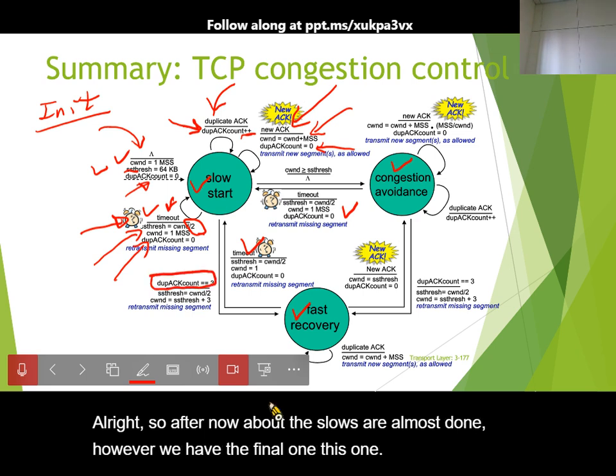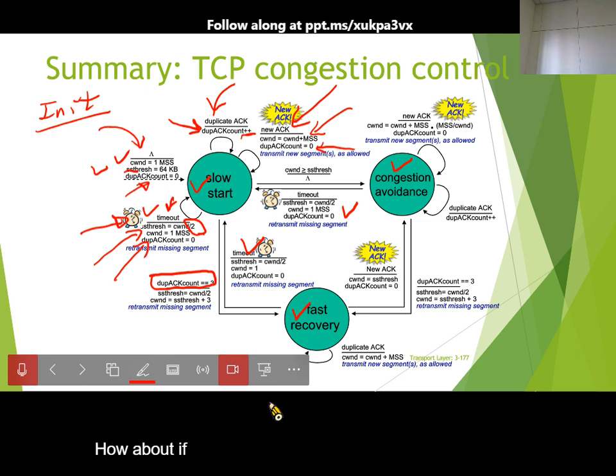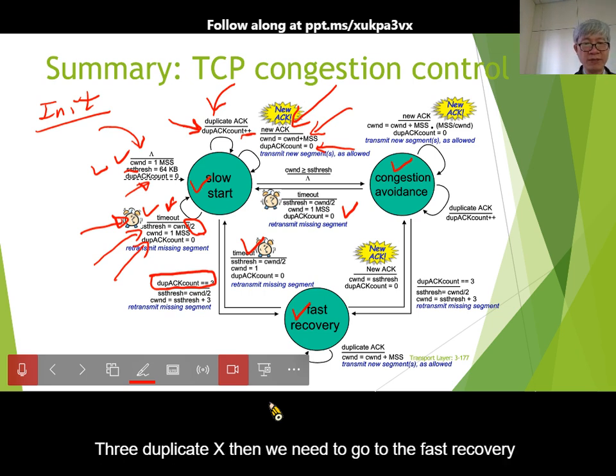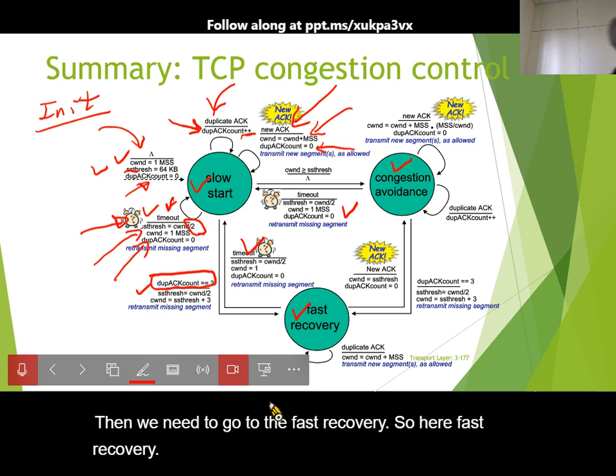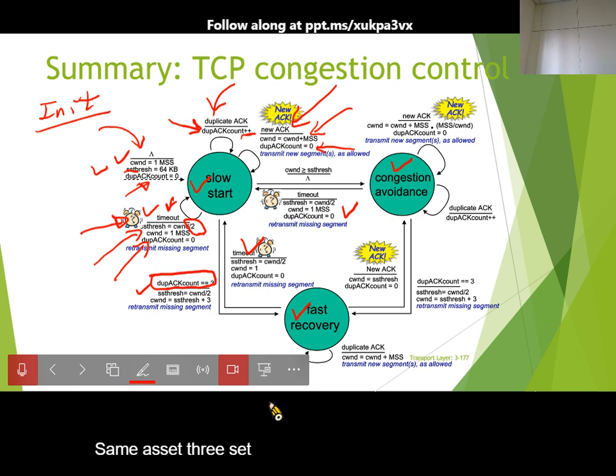How about if we have 3 duplicate ACKs? Then we need to go to fast recovery. So here, fast recovery. The same as before, we have congestion, so of course the threshold is set to half.